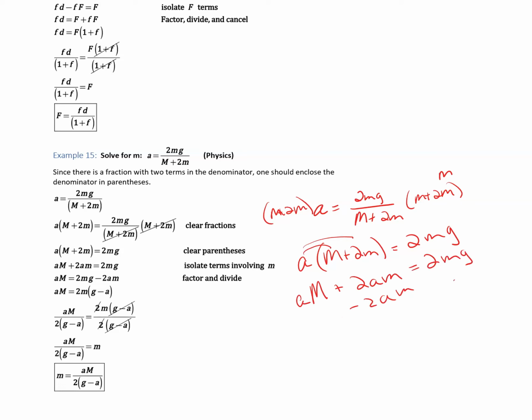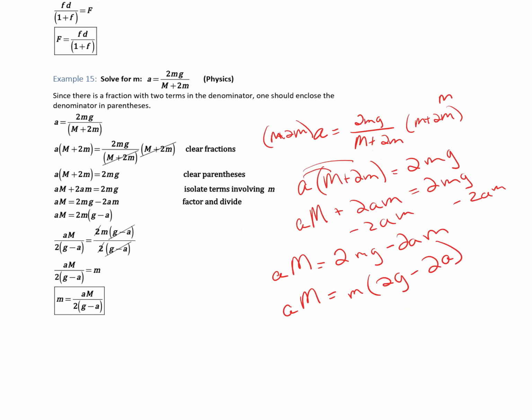I got to get the little m's together, so move this term over. So it's 2 little mg minus 2A little m. Factor out the little m, so I get 2g minus 2A equals A M. Then finally divide by 2g minus 2A, both sides. So I get little m is equal to A M, capital M, over 2g minus 2A.